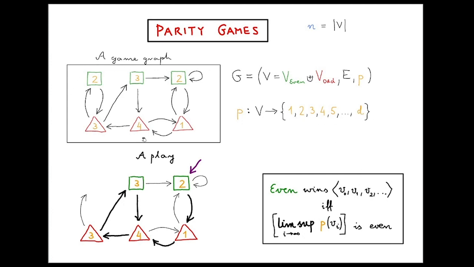Even if the graph itself was infinite, in the parity games that we consider here, we only allow a finite number of priorities. So that number certainly exists, and if it is even, then even wins. If it is odd, then odd wins.